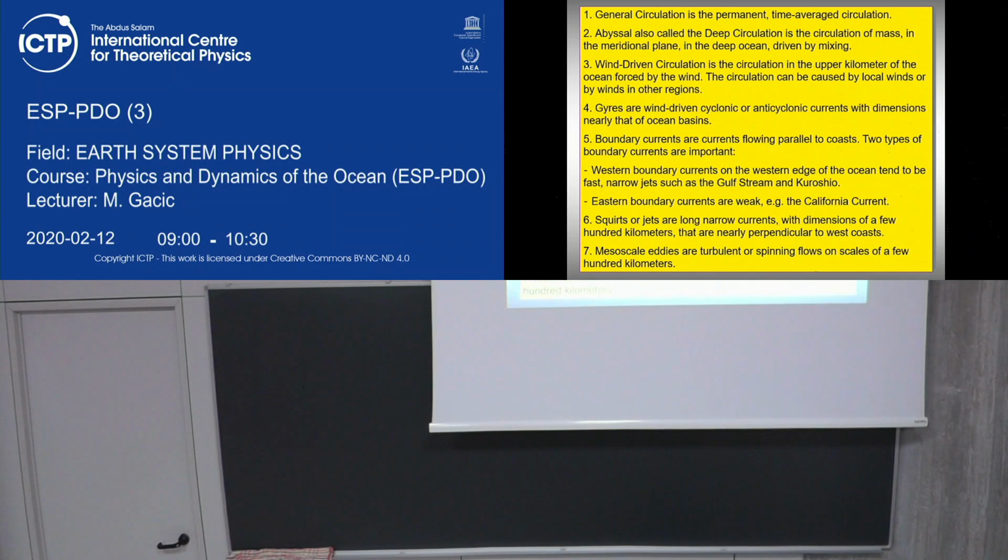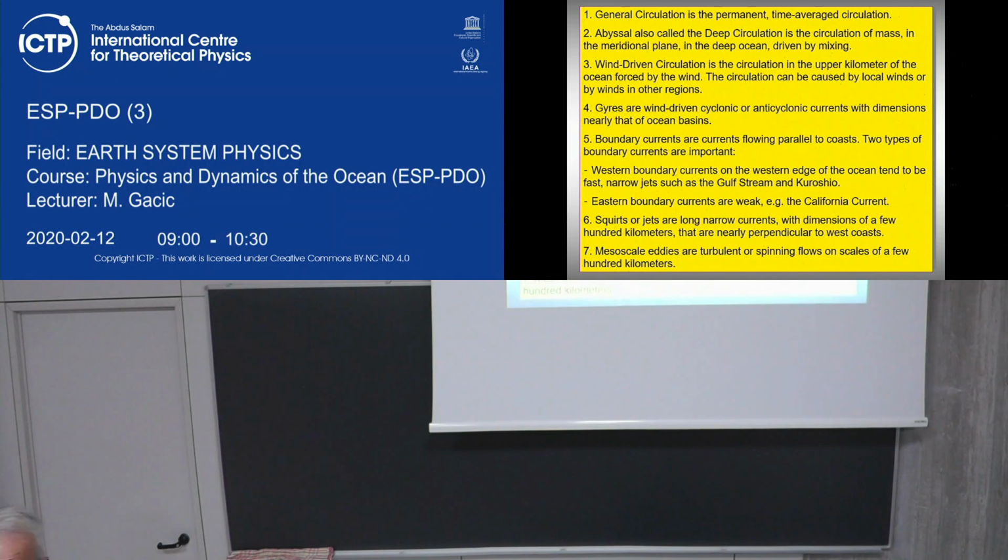So we have a general circulation of the ocean, which by its definition here is the permanent time average circulation, and this permanent time average circulation is due to the differences in temperature and salinity between different parts of the ocean, or in differences between the density between different parts of the ocean.